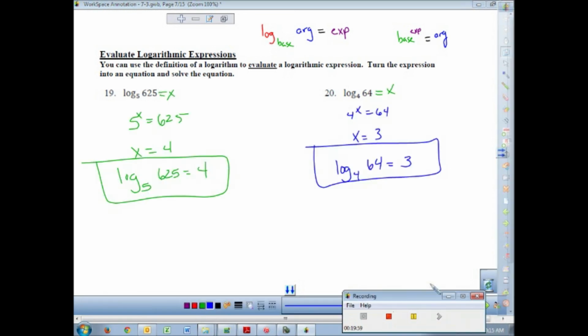Now before we move on, I want to set you up for how we'll use this for the rest of the chapter. If you were to ever see something like log base 4 of 64, what could you put in its place instead? It's really a 3, right? Aren't those the same number?